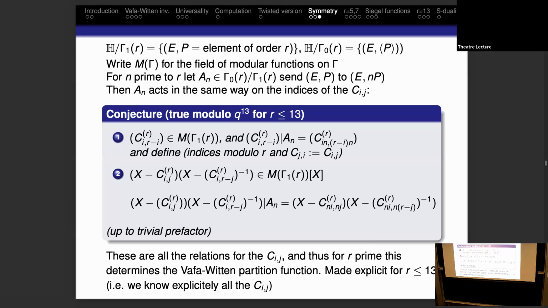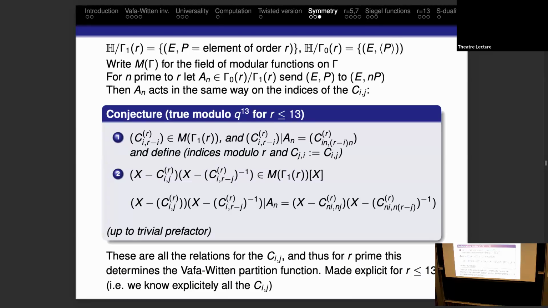And as I said, this element a_n will act by sending i to in and R minus i to (R minus i) times n, where I consider the indices modulo R and I consider C_ji to be C_ij. And with this, the action is just like this. So they are commuted by this action in this way.